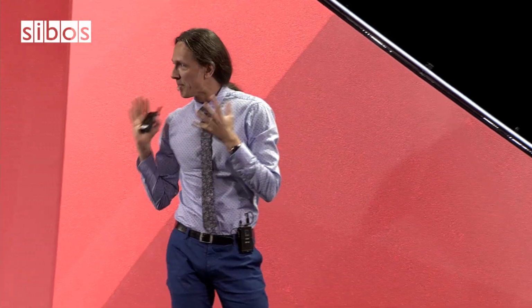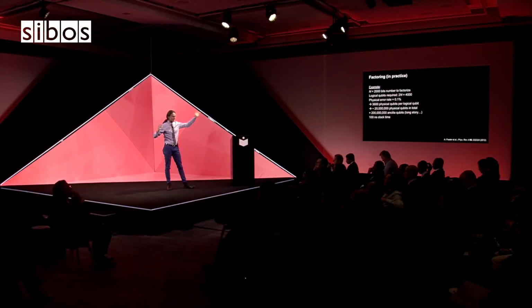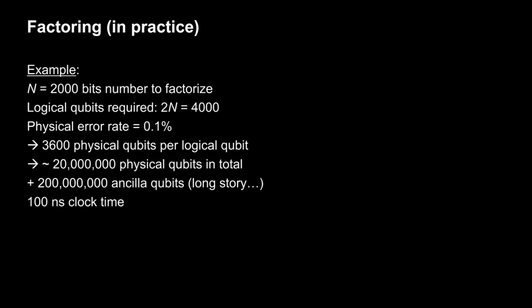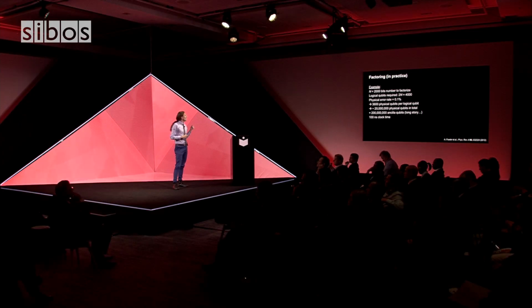Now let's look at what it means in practice to find the prime factors of a number. Let's say you get a 2,000 bit number, the product of 2 smaller numbers that are some cryptographic keys, and you want to crack that. You'll need twice that in logical qubits, so 4,000. Let's say you have a 0.1% error rate.